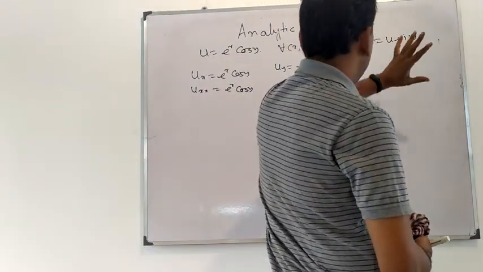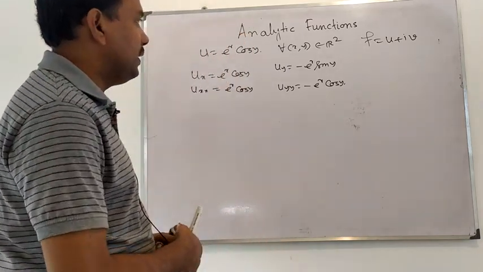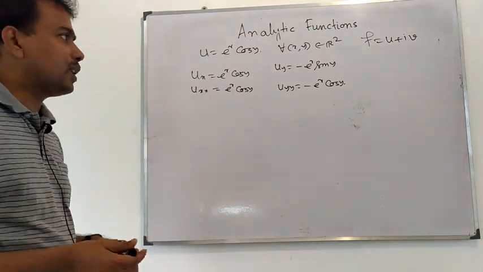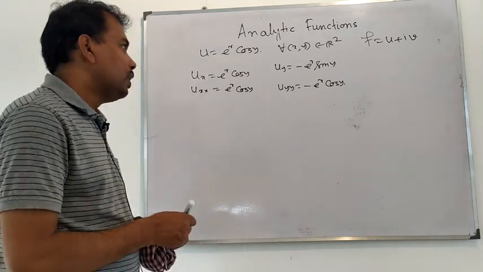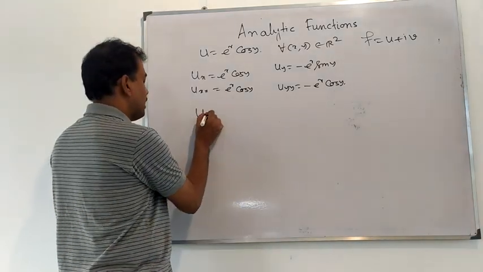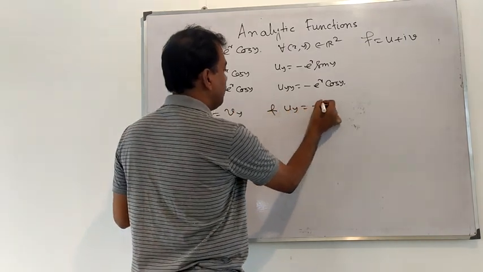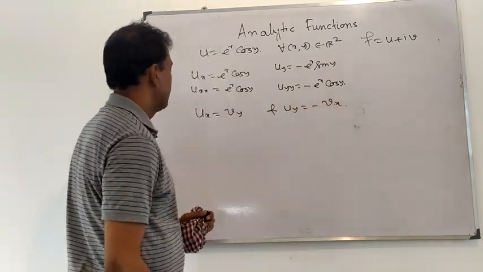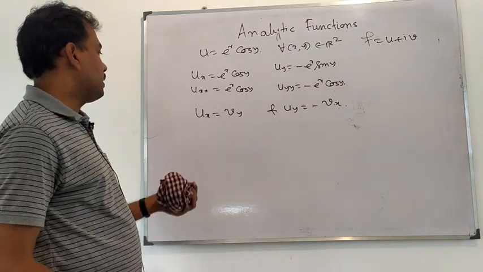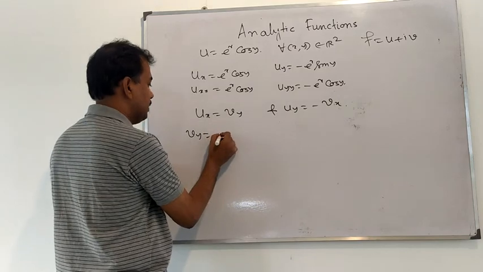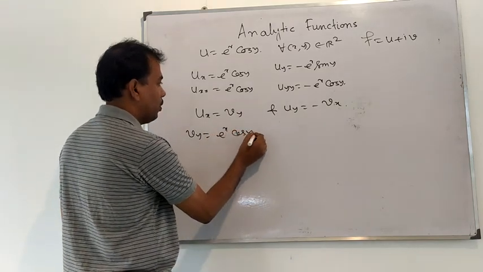If f equal to u plus iv is analytic, then u and v will satisfy the Cauchy-Riemann equations. So ux equal to vy and uy equal to minus vx. From this equation we get vy equal to ux, that is, e to the power x cos y.